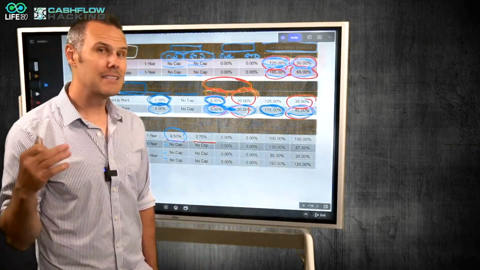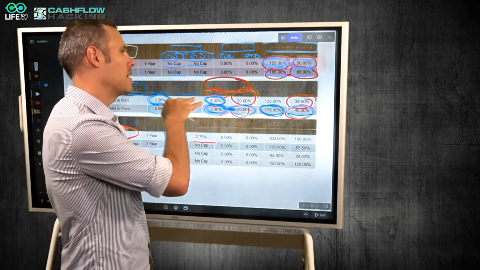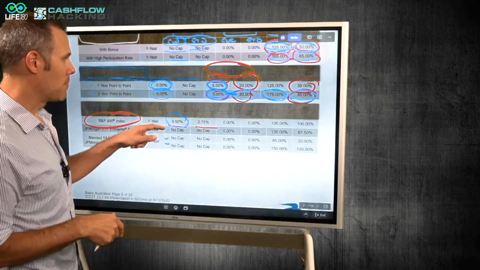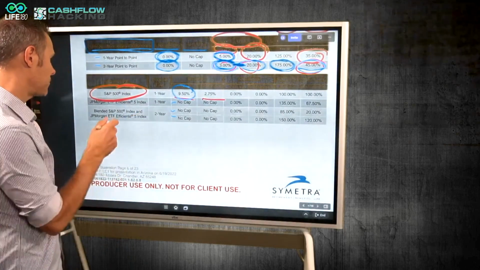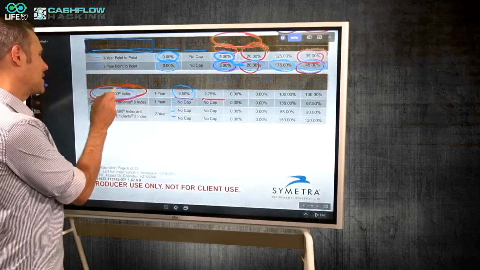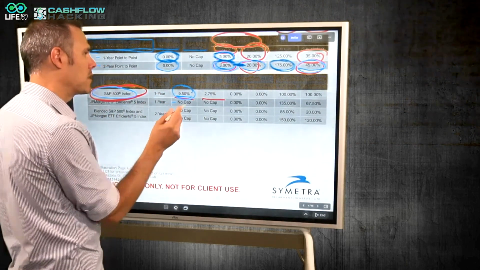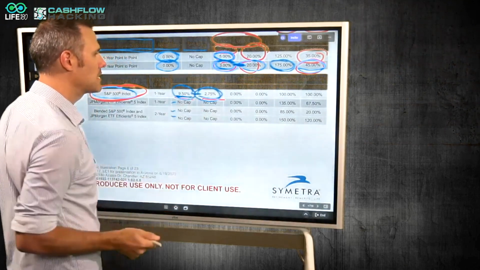So once again, these moving parts, they will shift and cajole and manipulate these numbers to make sure that the insurance company is not taking on the risk, right? So now you come down here and you look at the good old classic S&P 500 index. They have a current cap rate of 9.5%. That's pretty good. The guarantee, they can reduce this 9.5 to 2.75%.